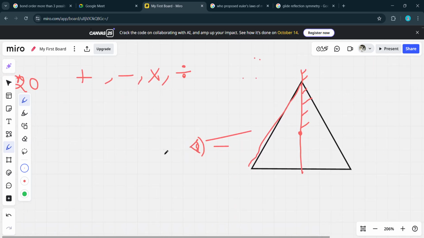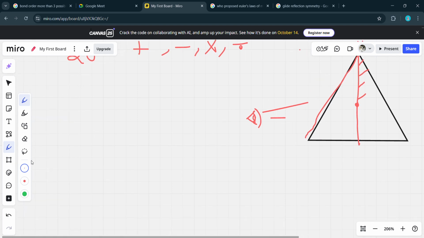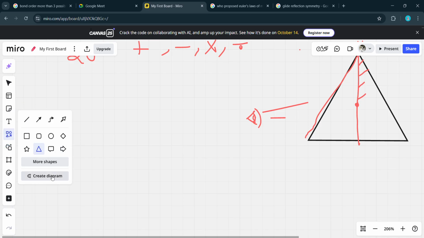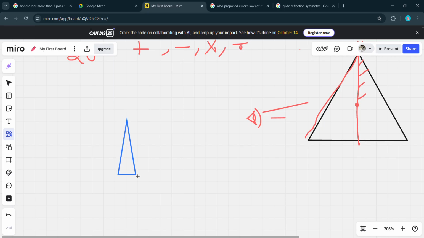Now let's think of a different shape. Another triangle. Let's say an isosceles triangle.